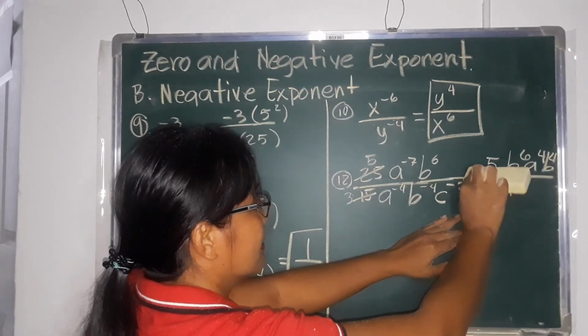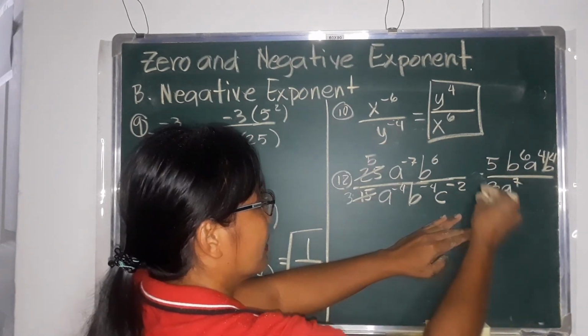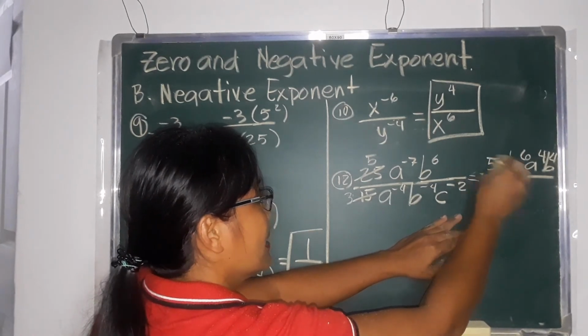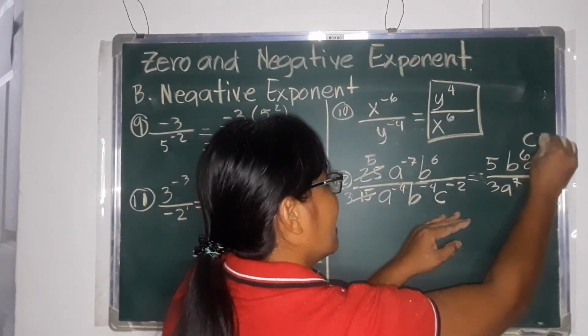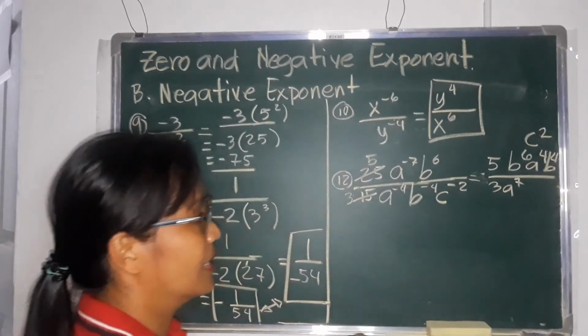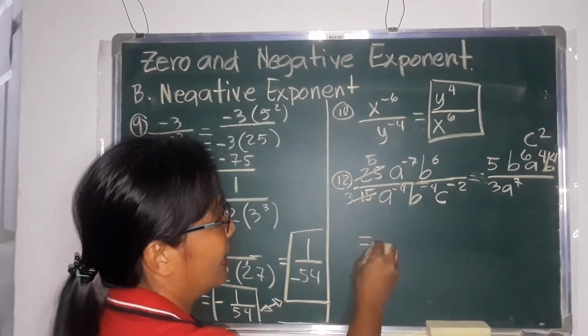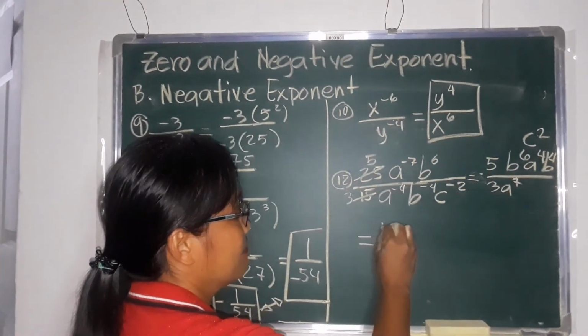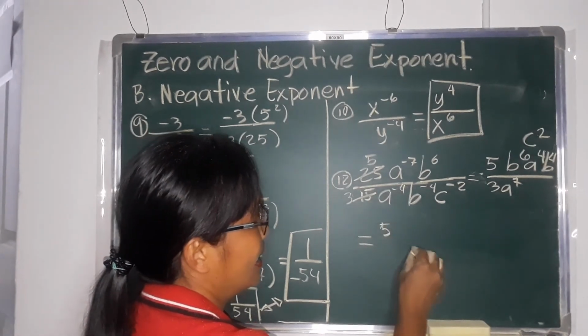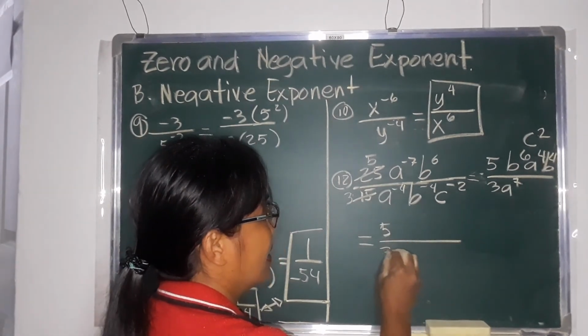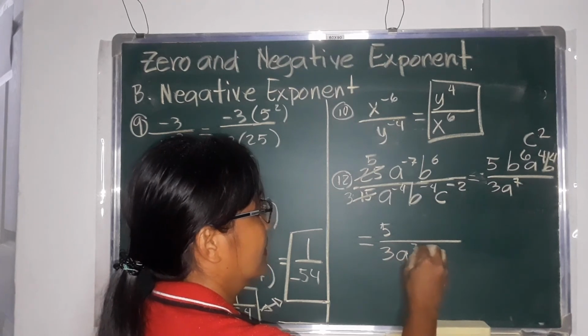Okay, so simply write in here since we do not have space. So we have here c squared. Next, let's simplify. So we have 5, and then 3a to the 7th power.